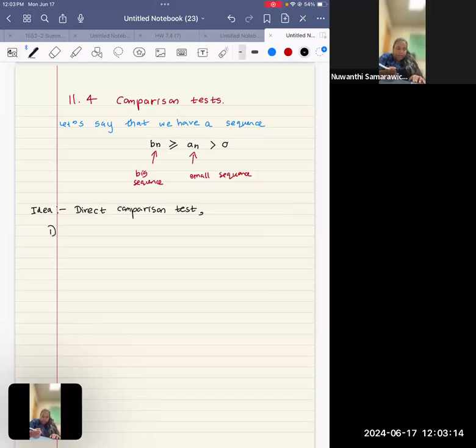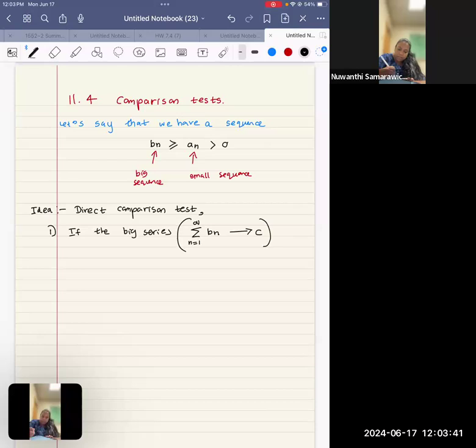The first one is, if the big series, the sum from n to infinity of b sub n, converges, we write it like this, as an arrow into just a finite number.